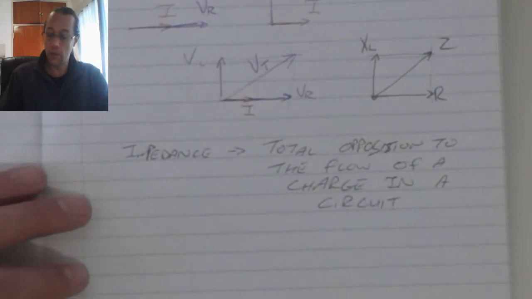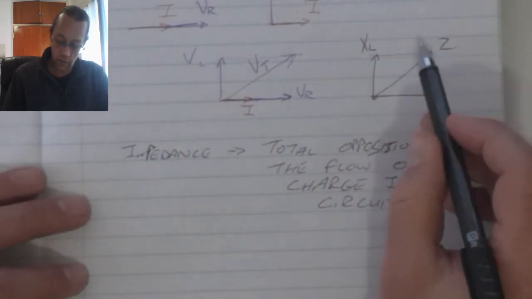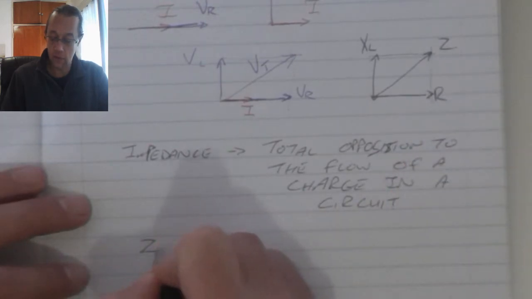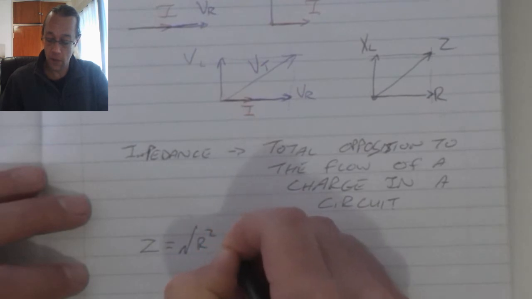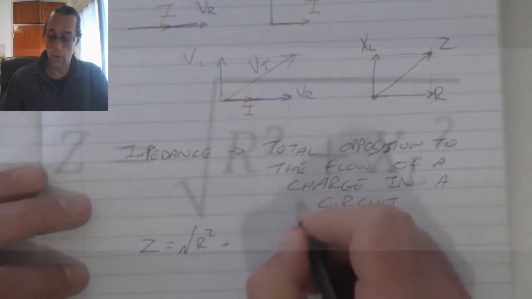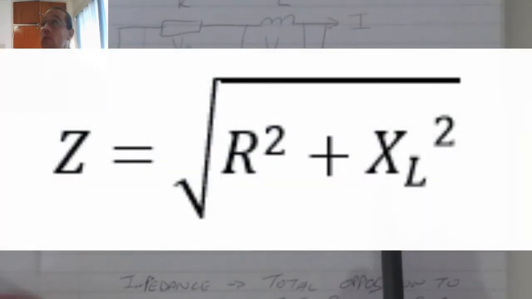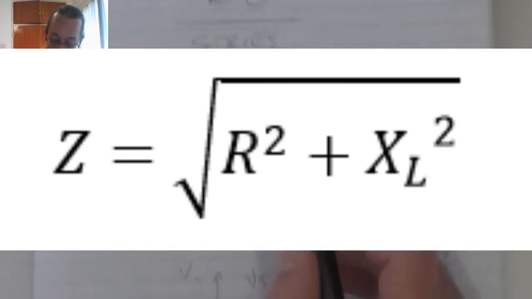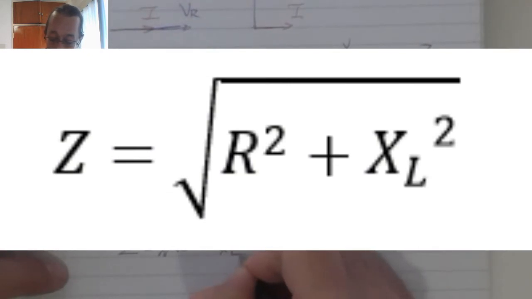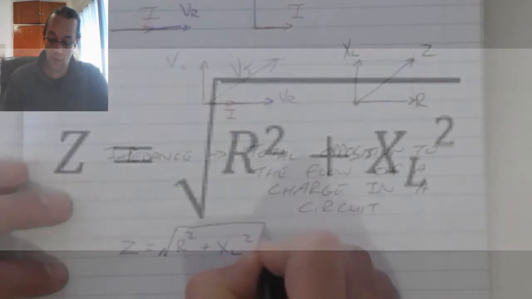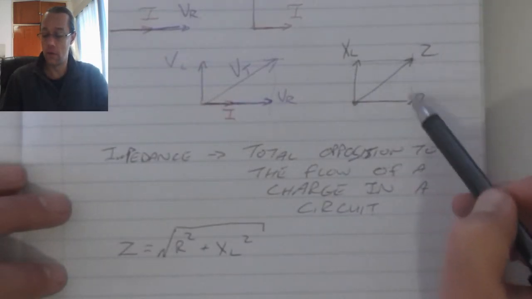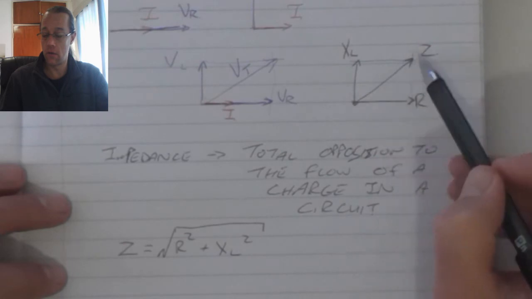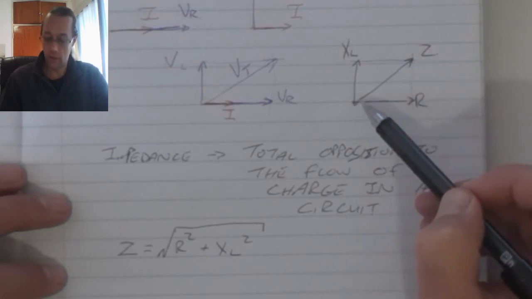Impedance. To calculate the impedance of the circuit, we use the formula Z is equal to the square root of R squared plus, in this case, because we've only got the inductor in the circuit, XL squared, and we can see that we've got Pythagoras in this scenario.